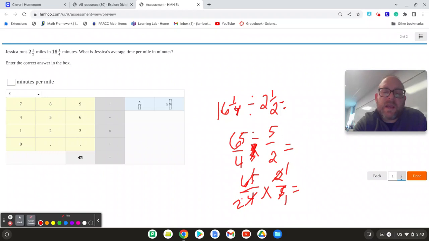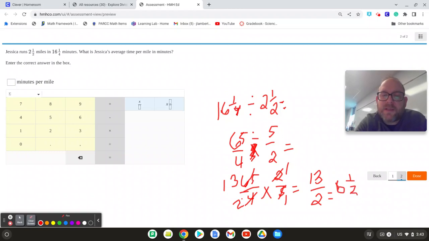It's 1 here, and 65 divided by 5 is 13. So I get 13 times 1 is 13, and 2 times 1 is 2. If I simplify that, taking my groups of 2 out, I get 6 whole groups with 1 of the 2 left over. So 6 1/2 would be your answer. 6 1/2 minutes per mile was the answer to this one.